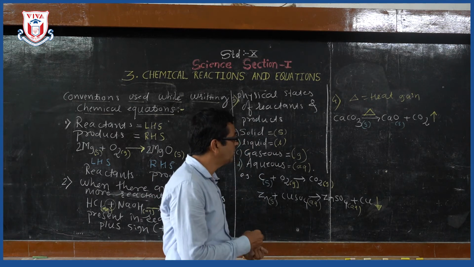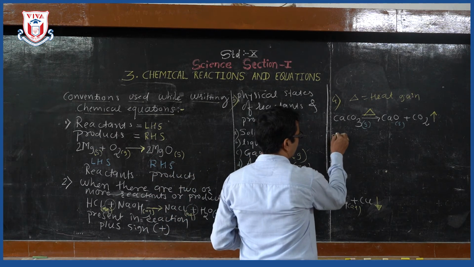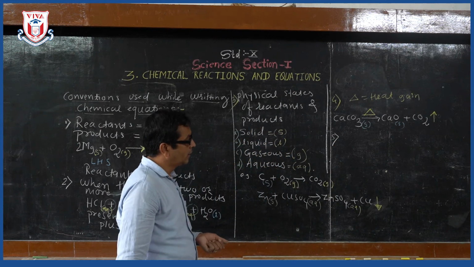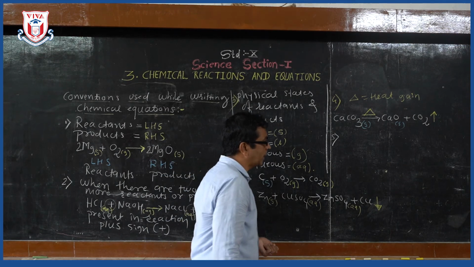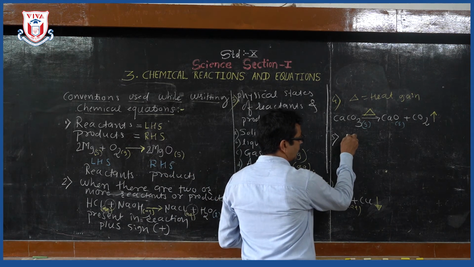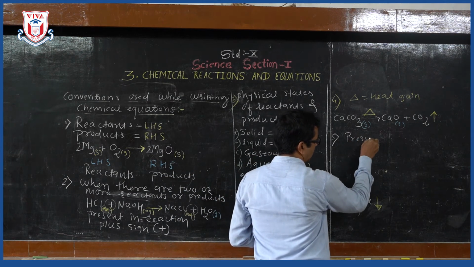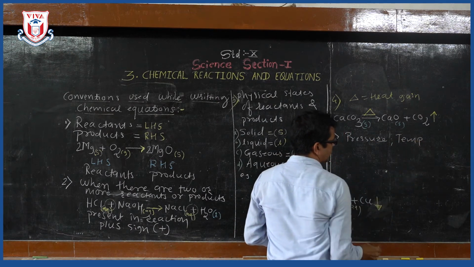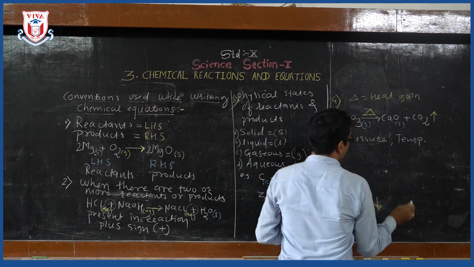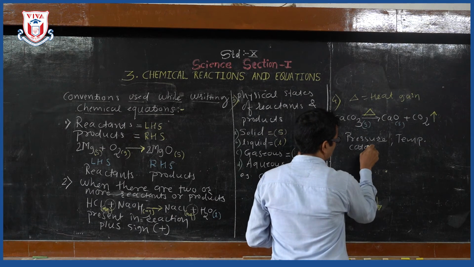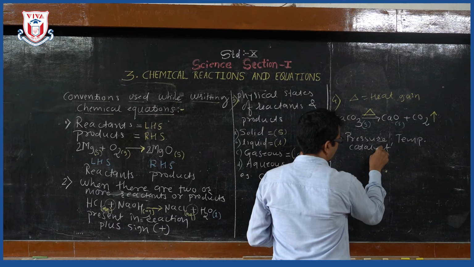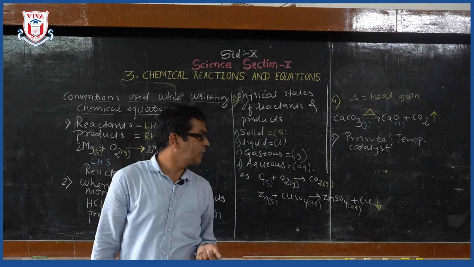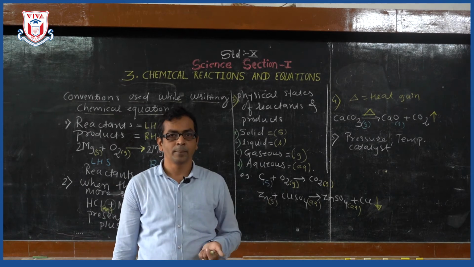Now next convention, that is the fifth rule. There are some reactions you have to carry out in presence of pressure, or you have to mention temperature, or catalyst. There are reactions which take place in presence of a particular temperature, catalyst, or pressure.